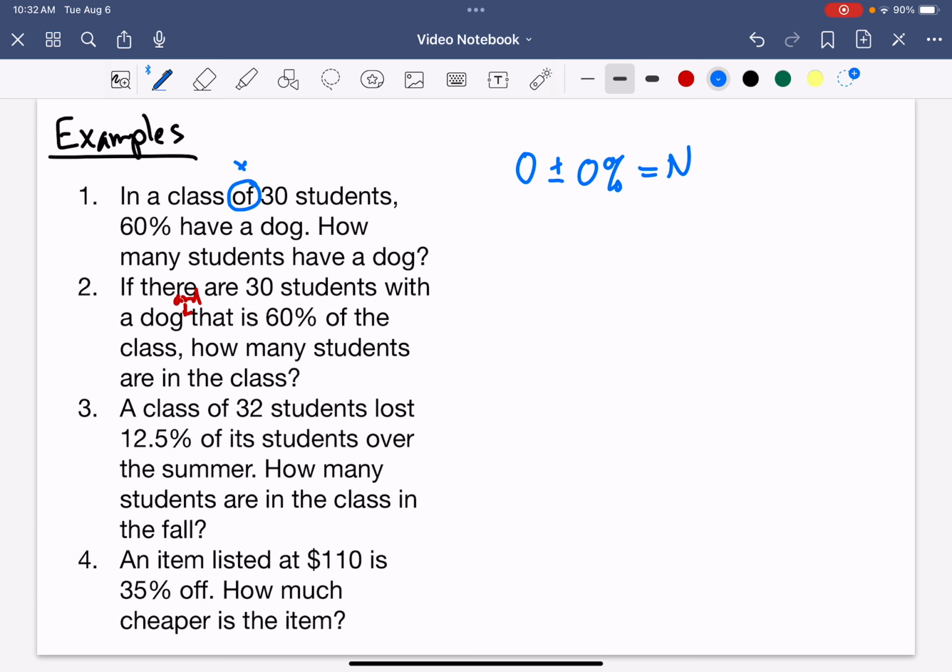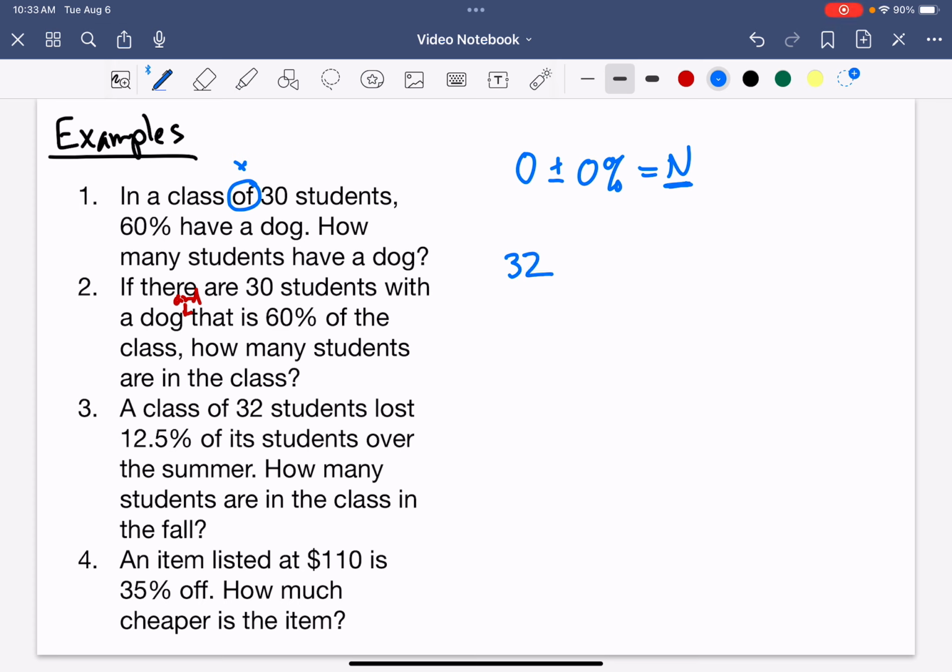A class of 32 students lost 12.5% of its students over the summer. How many students are in the class in the fall? Well, I'm looking for the new amount. I have a class of 32, and over the summer, 12.5% of them are moving out.